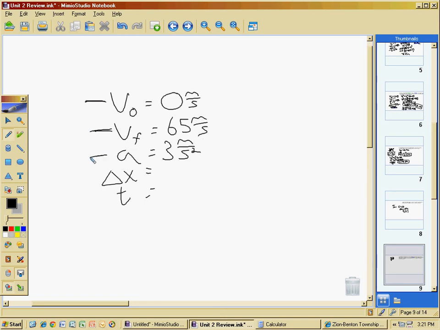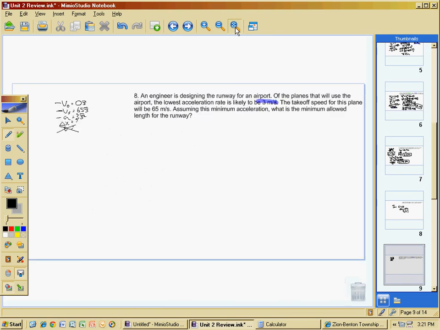Specifically, it's asking us for what is the minimum allowed length? In this question, it doesn't ask for time, it doesn't give it to us, we don't care. We have one equation that does not involve time.